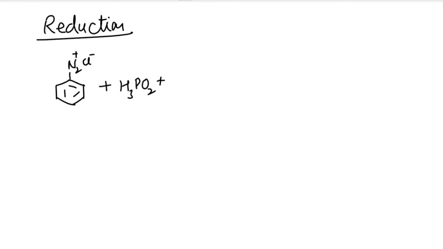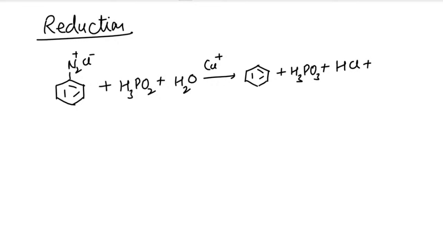hypophosphorus acid in the presence of cuprous ion, which is acting as a catalyst. So we get benzene along with phosphorus acid, HCl and N2. Very good. This is called phosphorus acid or phosphonic acid.